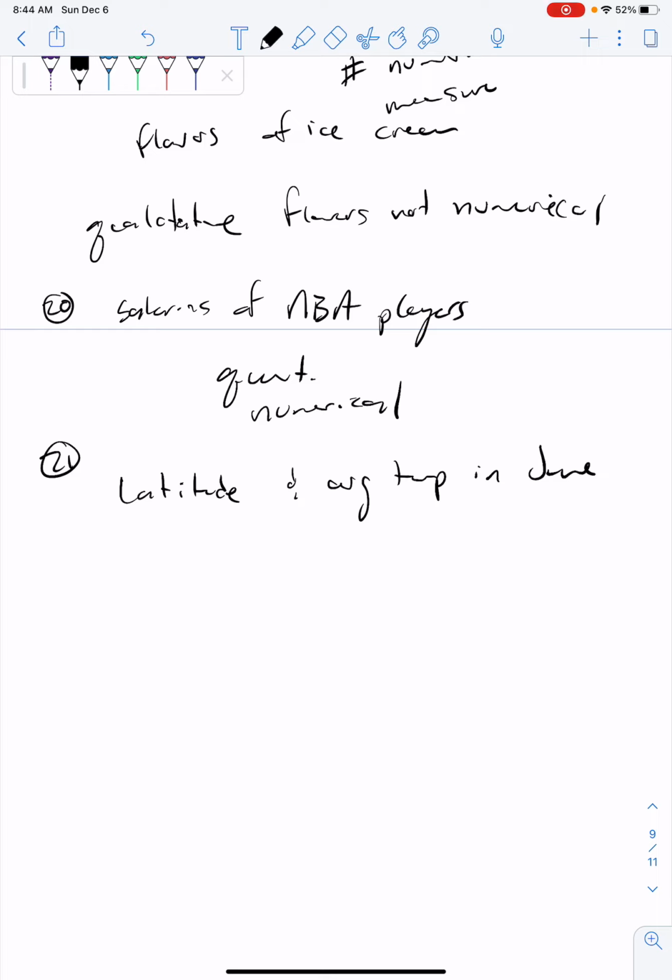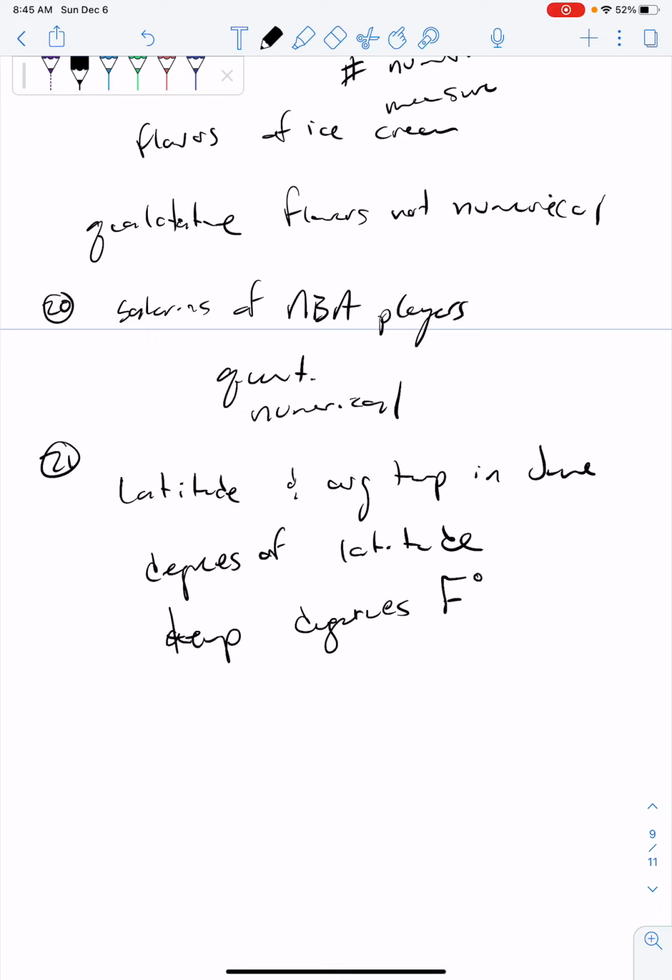Okay, so in order to measure latitude, I would use degrees of latitude. Latitude and longitude are measured in degrees of latitude or degrees of longitude. To measure temperature, I would use degrees of Fahrenheit.